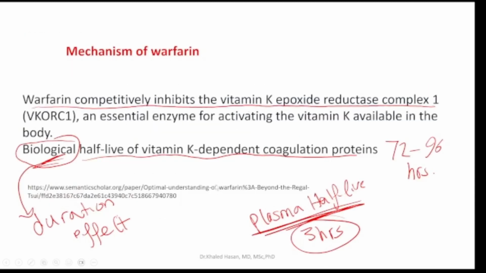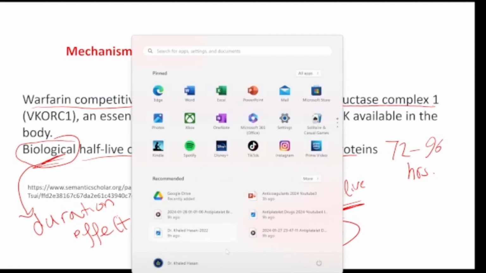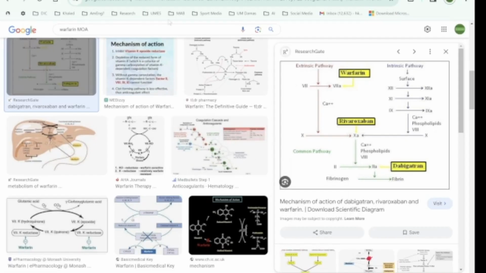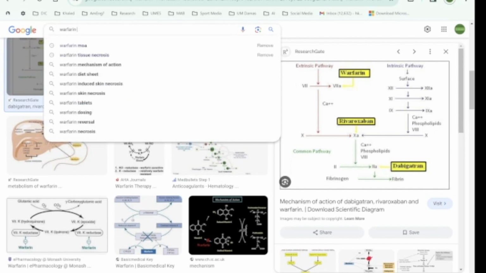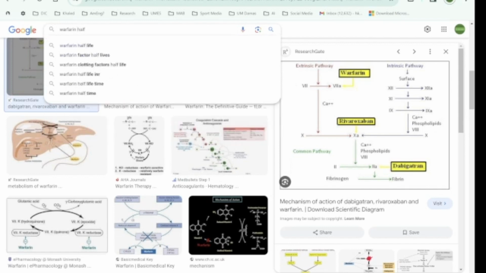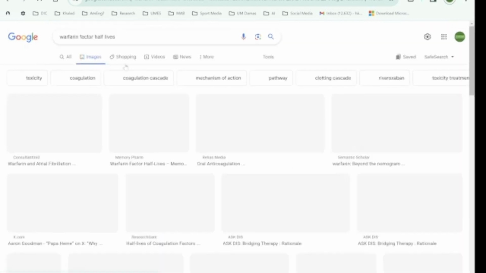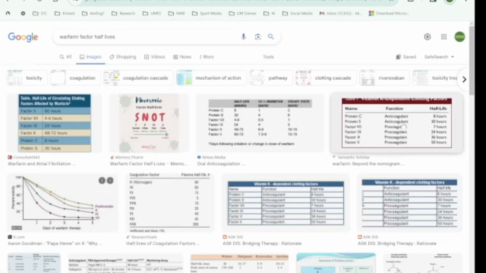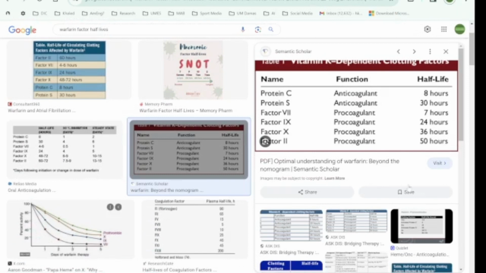okay, I would like to go to the slide again because we need to understand the concept of plasma half-life and biological half-life. You can see from this slide, for example, our medication warfarin inhibits factors 2, 7, 10, and 9.